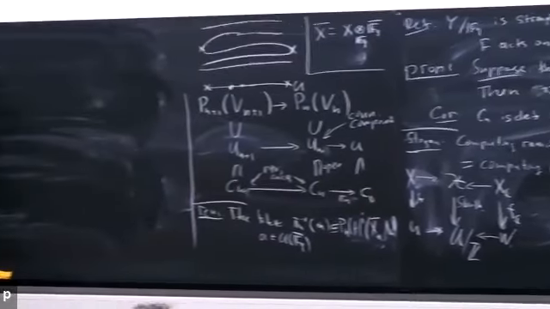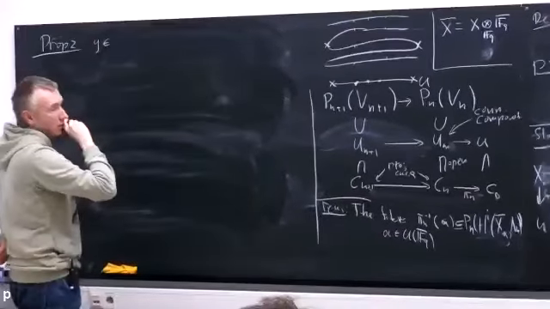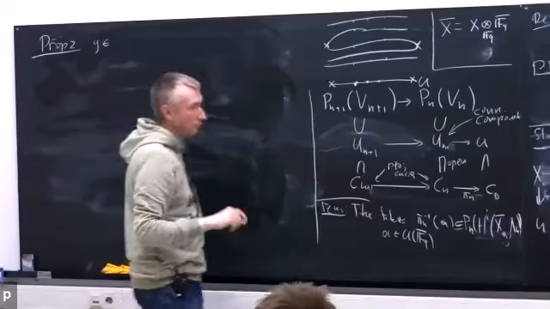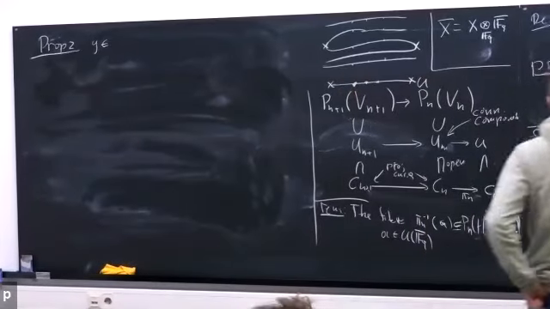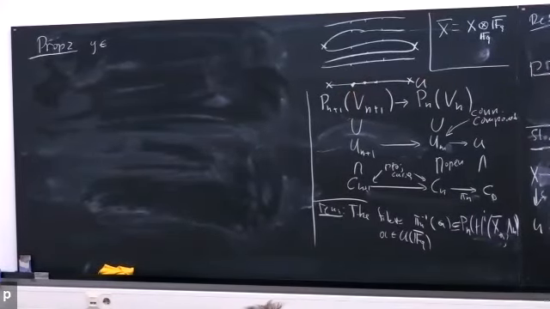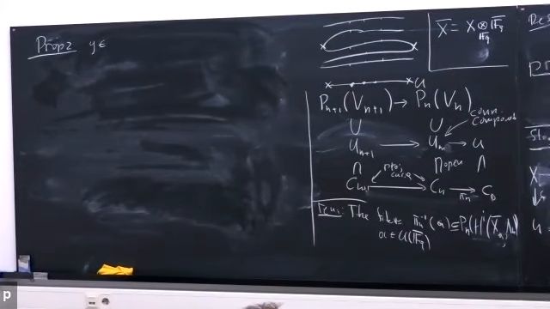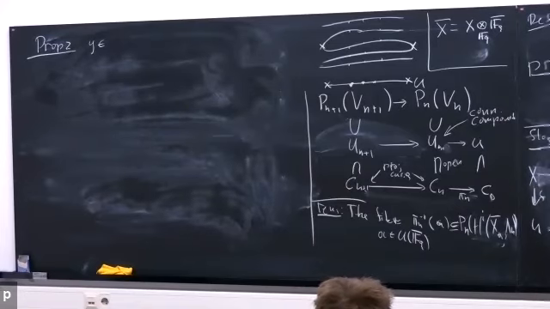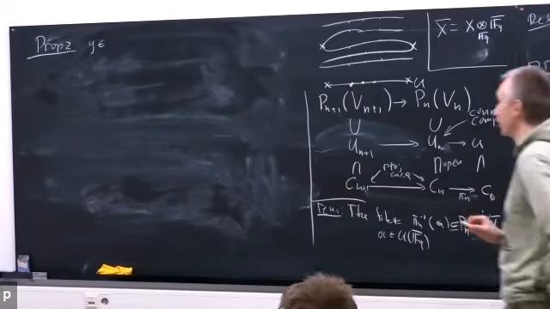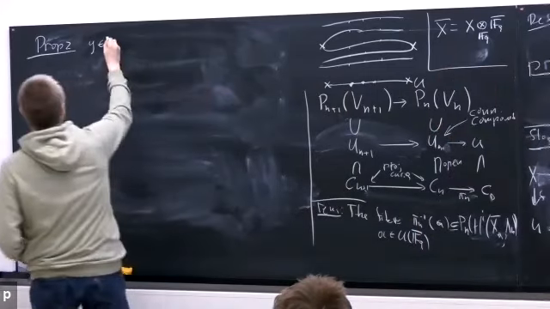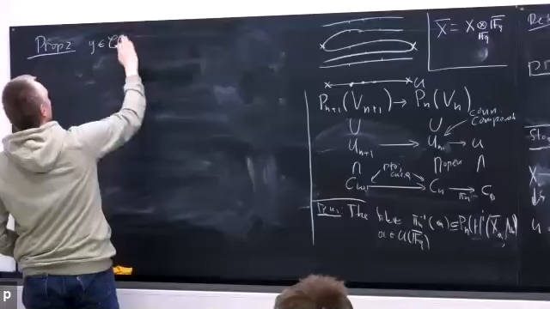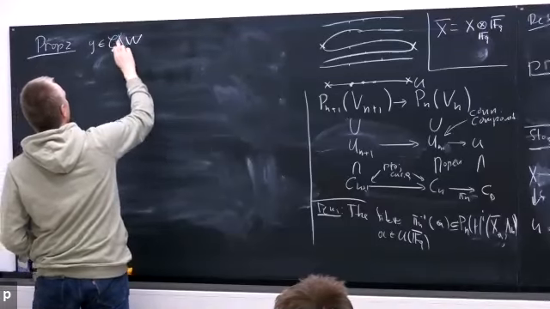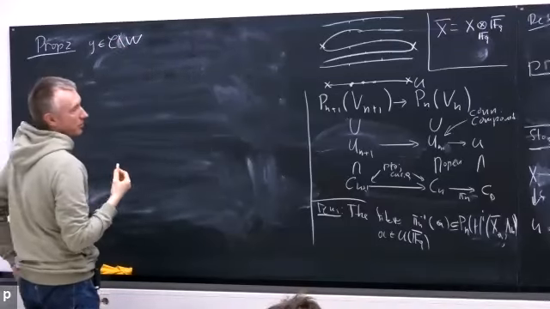Suppose we have a point y outside of this W. Suppose the compactification of this W is some complex curve C. So y is outside of W, so potentially it's a ramification point.